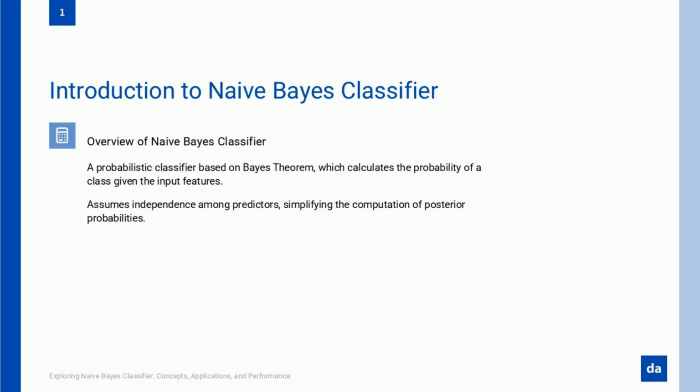Based on probabilities derived from previous data, the classifier quickly calculates the odds of an email belonging to each category. Despite this simplification, naive Bayes has proven to be incredibly effective, especially in applications like spam detection, medical diagnosis, and sentiment analysis.